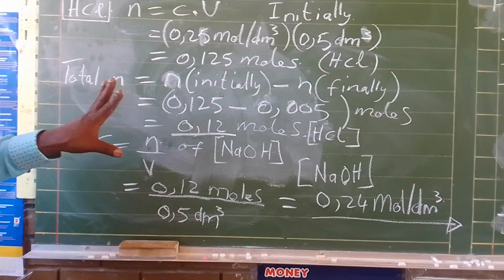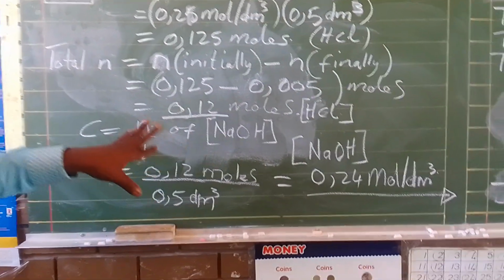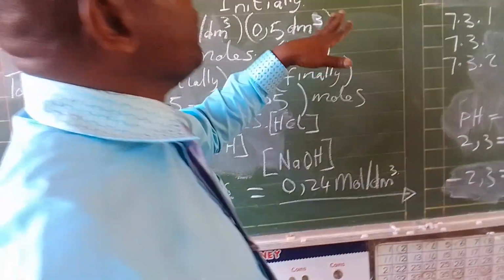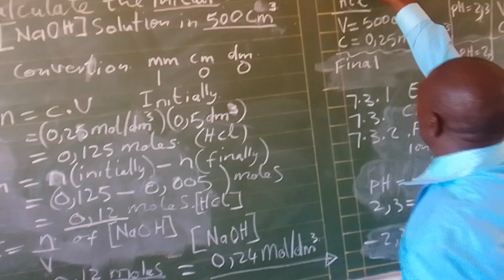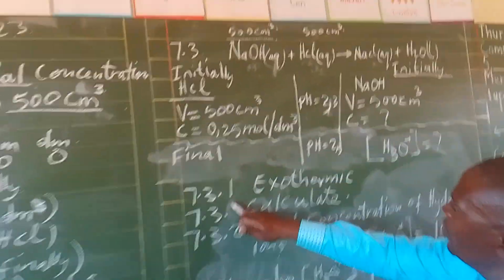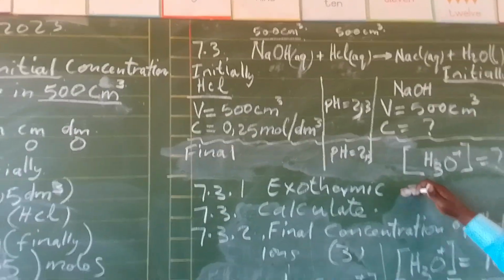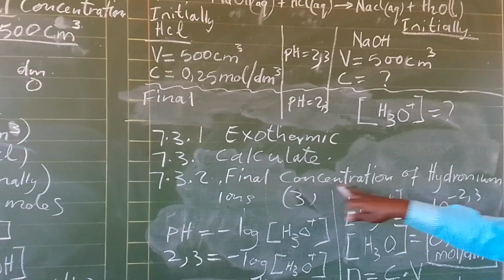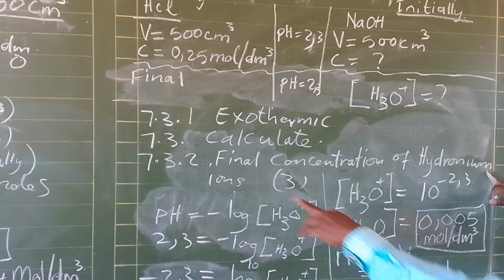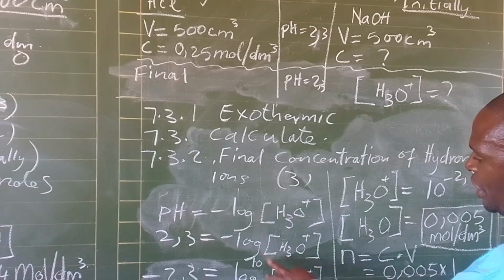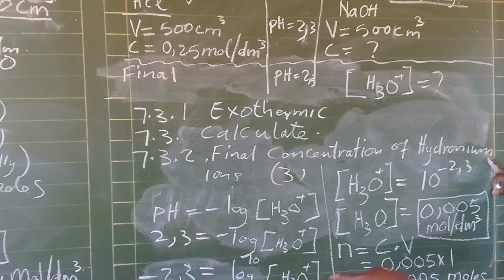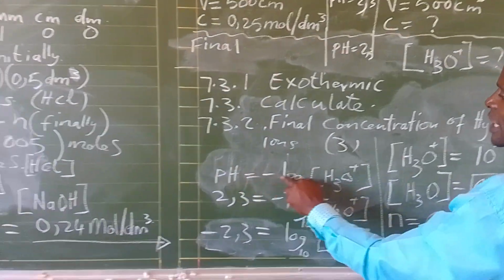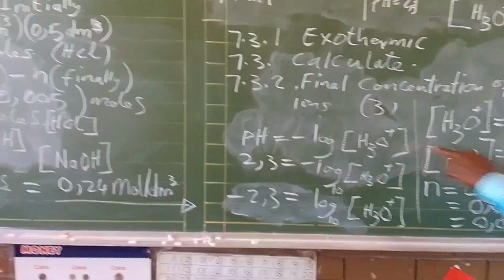This question needs you to go back and check. You start from the previous video where we calculated everything. We said it was an exothermic reaction. We calculated the final concentration of the hydronium ion. We started with pH equals minus log of the concentration of hydronium ion.